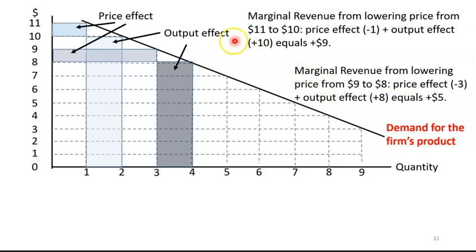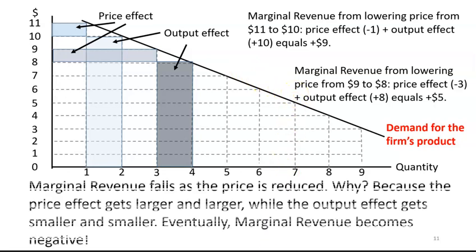Your text doesn't use these terms, price effect and output effect, but I think it helps to understand exactly why marginal revenue keeps changing as we move down the demand curve. In general, marginal revenue is going to be getting smaller and smaller. In these 2 examples, we've seen marginal revenue is declining.